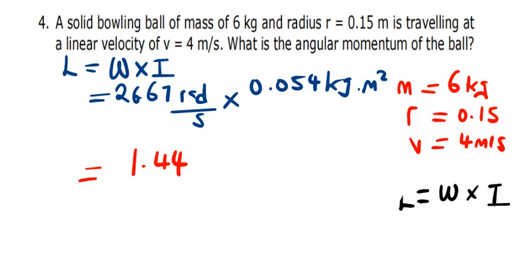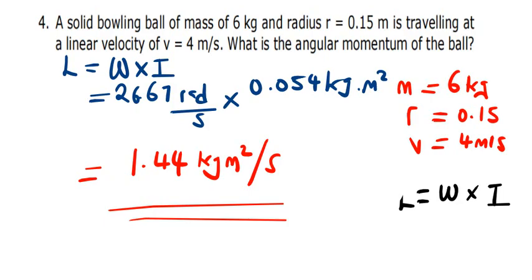The units are kg meter squared, and because there is a second, per second. So this will be your angular momentum, and these are the units. That's how you solve question number 4.